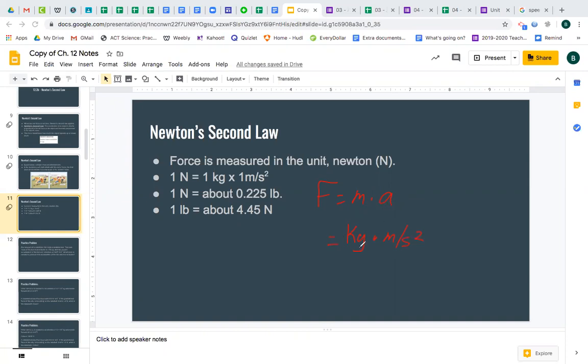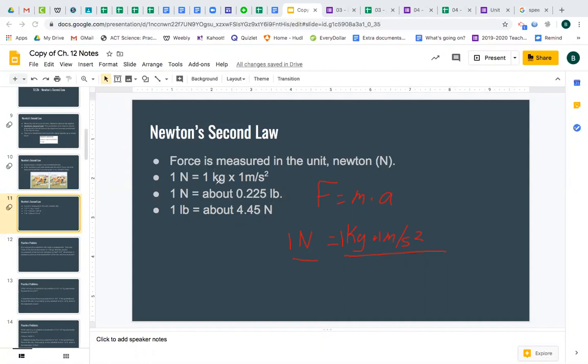When we do this, we get units of kilogram meters per second squared, or they've named the unit for force after the person who did a whole bunch of work with it. Let's call this a newton. So 1 newton is equal to 1 kilogram times 1 meter per second squared, which is roughly 0.225 pounds, or 1 pound is about 4.45 newtons.